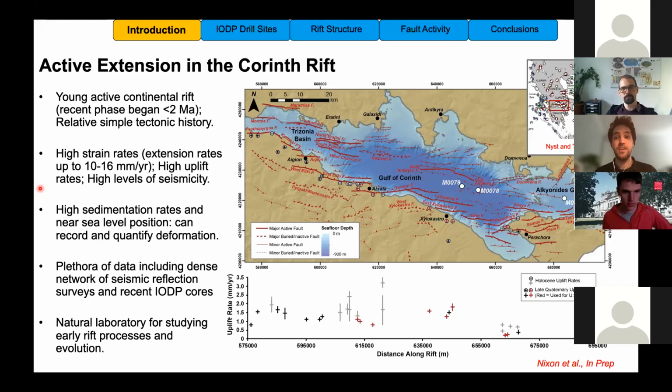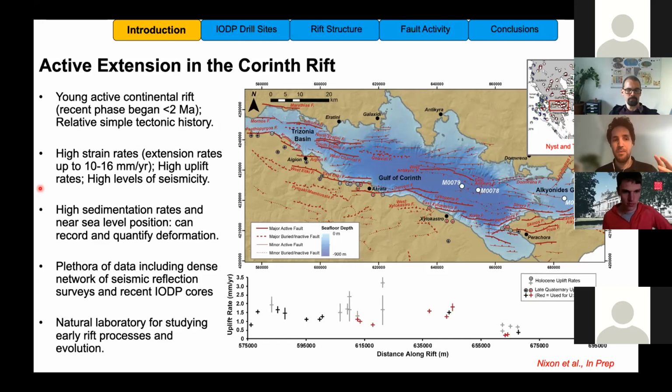And there are high levels of seismicity, with numerous magnitude greater than 6 earthquakes occurring in the historical record and also within the last 50 years. This, combined with high sedimentation rates and a near sea level position, means that we are able to accurately and precisely record and quantify the deformation across faults throughout the rift.